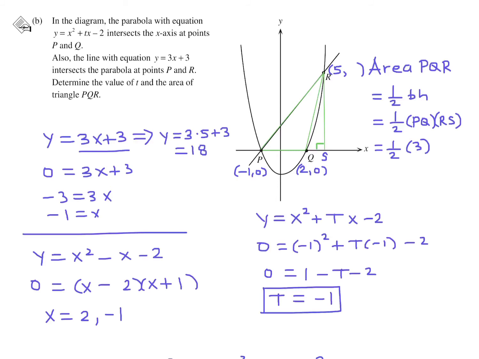So 18 is the y coordinate for R. Since 18 is the y-coordinate, the distance from R down to the x-axis is 18, correct? So that means RS is 18. So there you go. We got 18 divided by 2, which is 9. 9 times 3 is 27. That's the area of the triangle. So T is -1, area is 27.